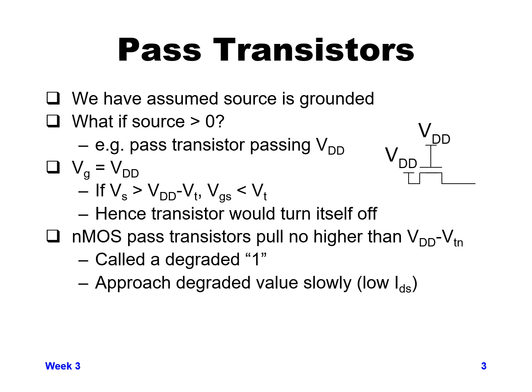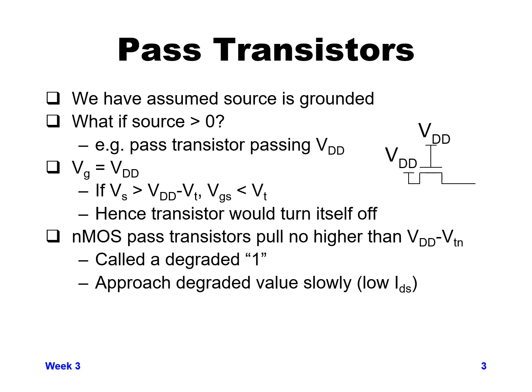Now, if our source is our output, if V source is greater than VDD minus VT, then that means VGS is less than VT, so the transistor would turn itself off.